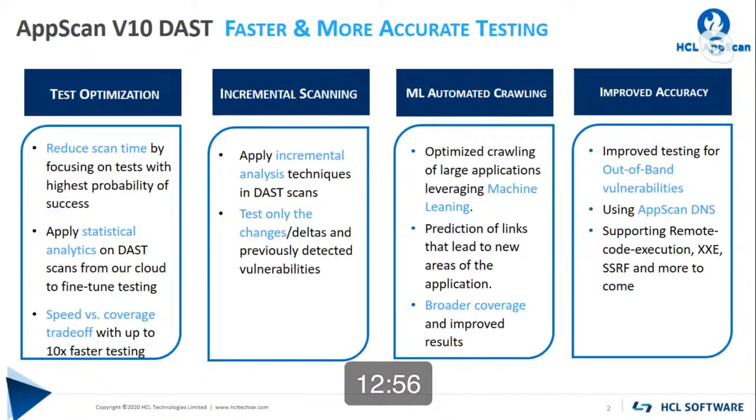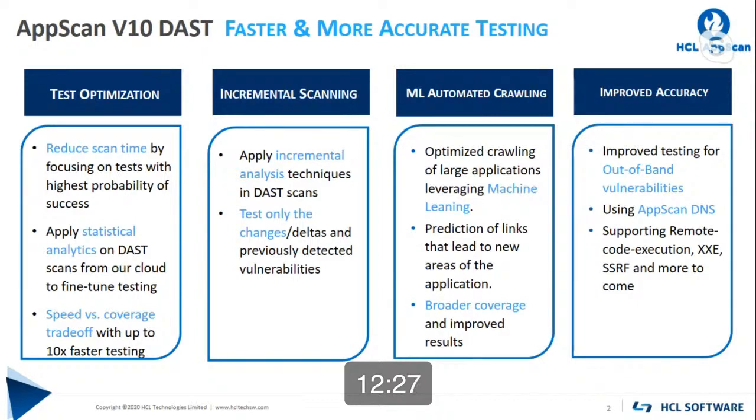The first 2 capabilities, test optimization and incremental scanning, are mostly about speed of scan, making the scans much faster. The other 2, machine learning automatic crawling and improved accuracy, are focused on improving the coverage and the accuracy of the scan. Okay, so let's start with the first capability.